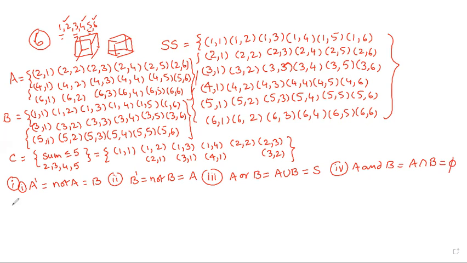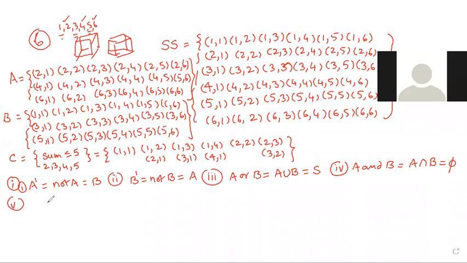Next, fifth bit is, everyone go through the fifth bit. What is the fifth bit? A but not C. A but not C means A minus C. A events minus C events.